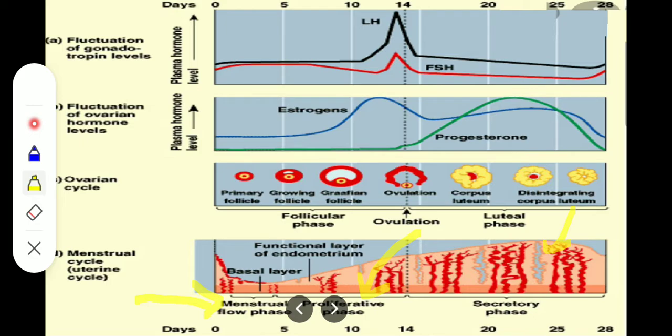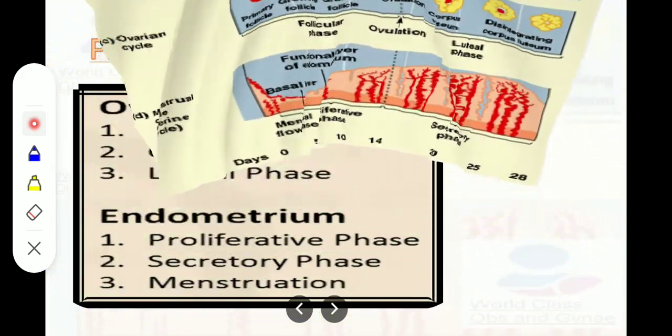But proliferative phase starts from day 5 till round about at 18 days or 20th days. That is variable. And after that, the secretory phase starts. Okay, so in the menstrual cycle as well, we have the three phases, but the days are different as compared to ovarian cycle. Now, let us study in detail the phases of the menstrual cycle.